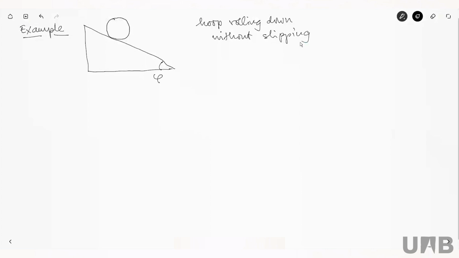So it's rolling down without slipping this inclined plane. And this condition of rolling down without slipping translates into a differential constraint.